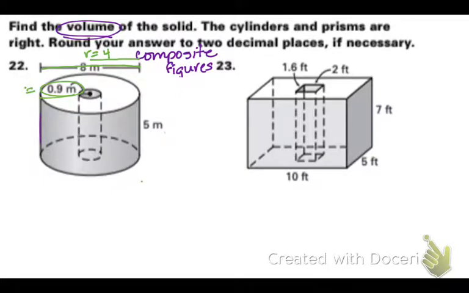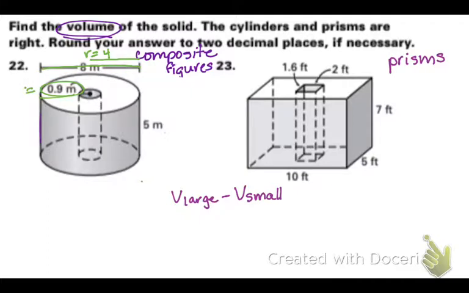Okay, so here, for number 23, instead of having 2 cylinders, we have 2 prisms. And we have a big one and a small one. So we're going to have to figure out the volume of the large, and we're going to have to subtract the volume of the small in order to get the total volume.